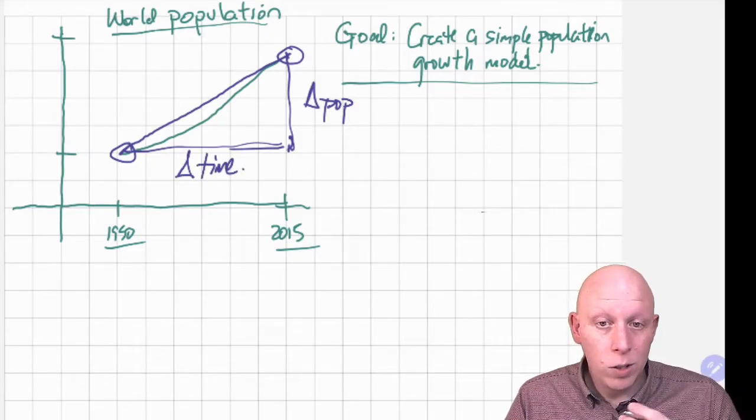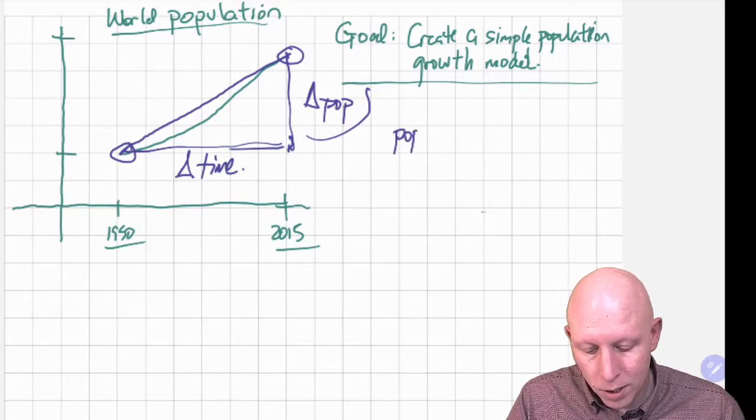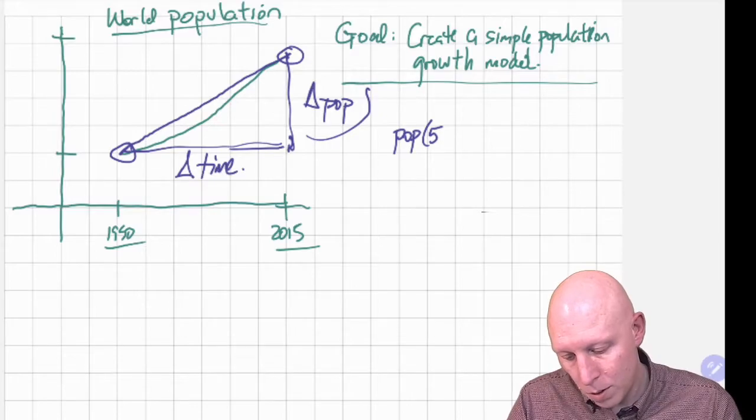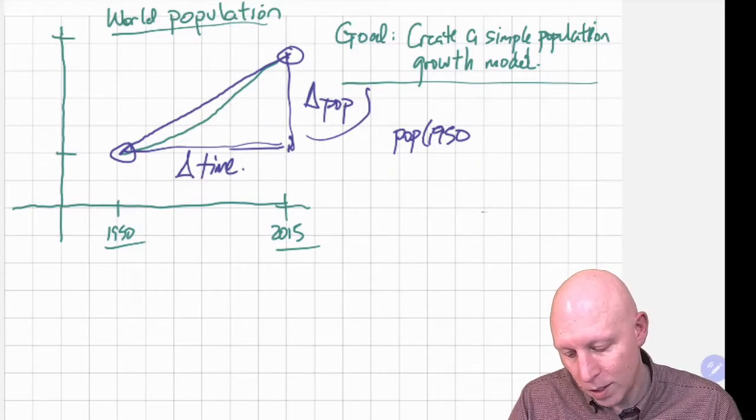And so in terms of the data that we have, that means calculating the population at time 1950. Let's actually choose y2 instead of y1.